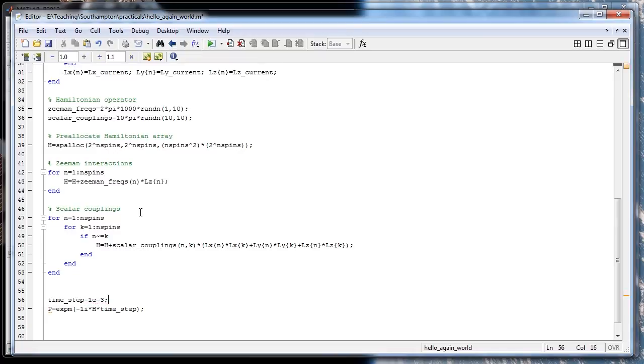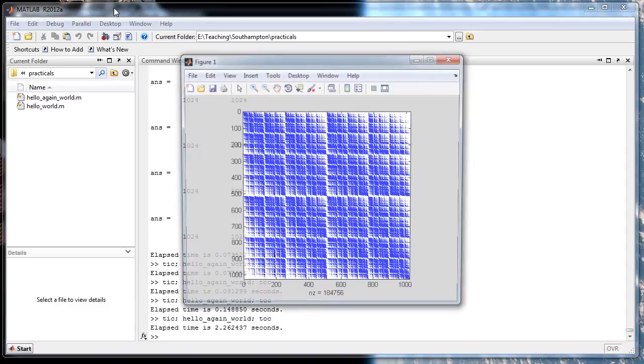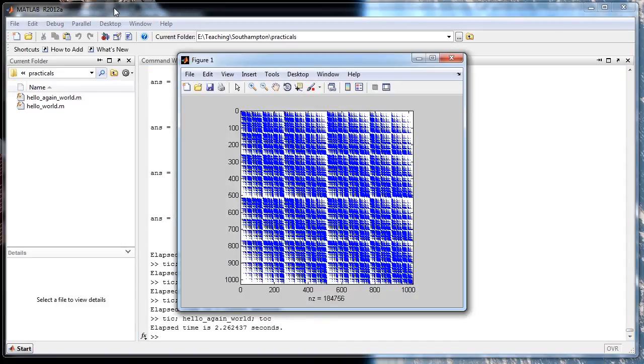So a time step that is rather long on the time scale of the system evolution, and then spy our propagator, spy P, and see what happens when we look at that exponential. See, it is taking considerable time, and what we are getting out of it is, again, a pretty dense matrix.